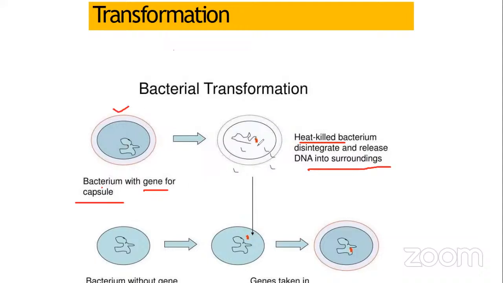This is the heat killed bacteria. And what happened? The bacterium's gene transferred into the heat killed bacteria. Later, what happened? Actually, this diagram is not clear. I will draw.